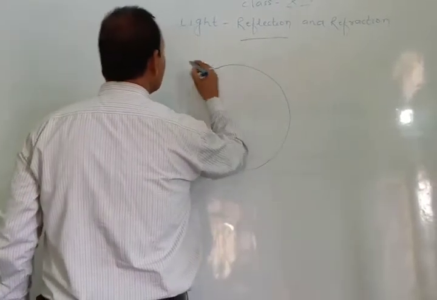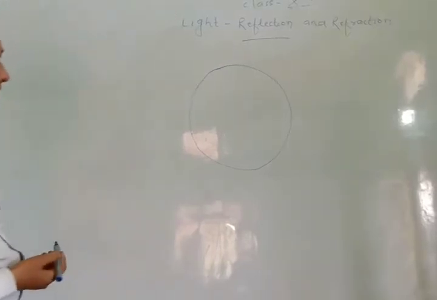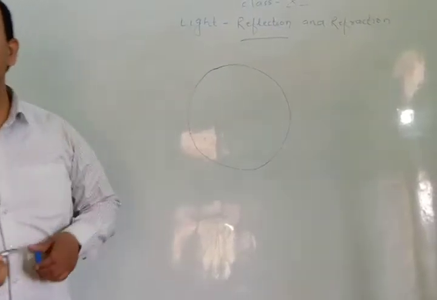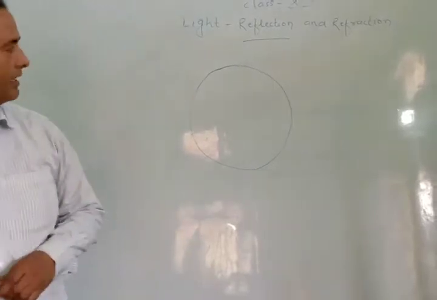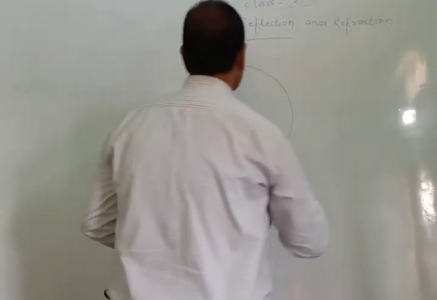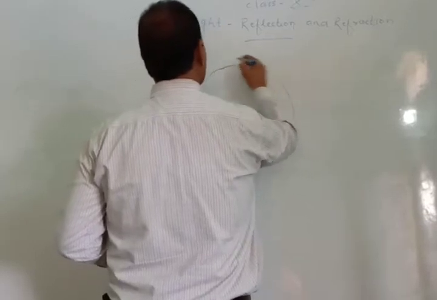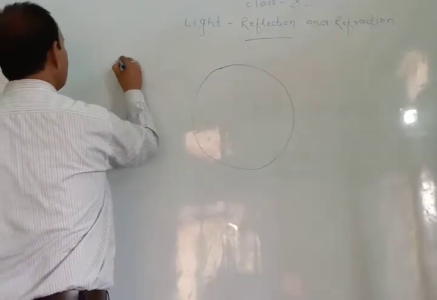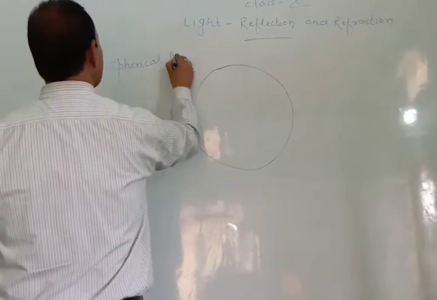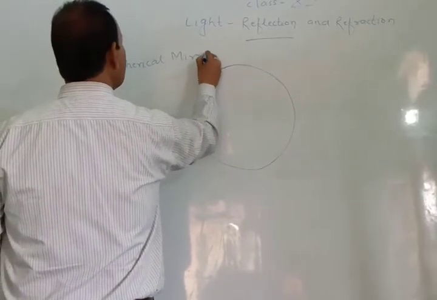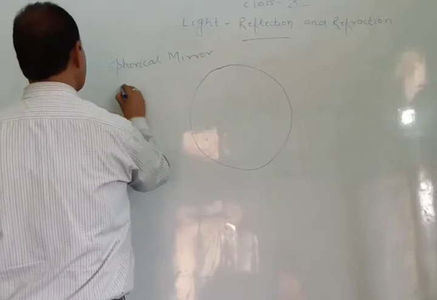First we have to know the definition of a spherical mirror, how we can say it is a spherical or plane mirror. A mirror whose reflecting surface is curved is a spherical mirror. In Hindi, you can say it is a Goliya Darpan.